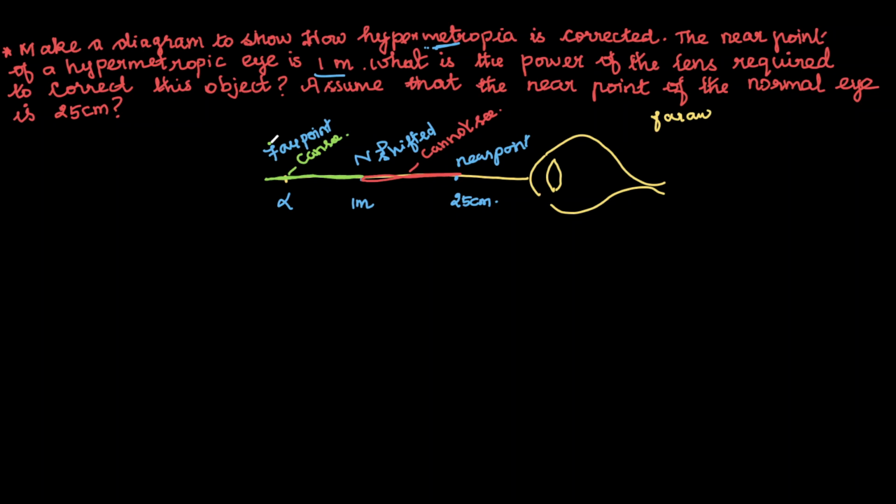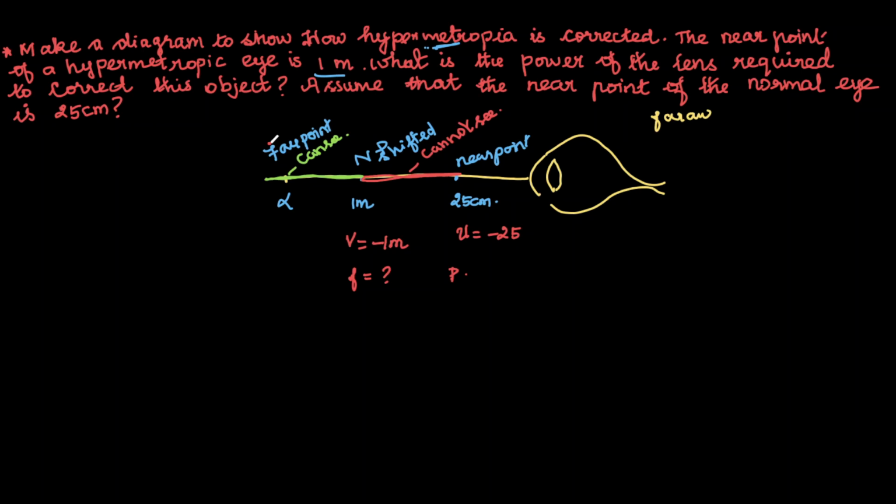So if the object is at 25 centimeter, that is u is equal to minus 25, the image should fall here, at 1 meter. Then only the person will be able to see the object. So 1 meter will be V. So V is equal to minus 1 meter. By using these values, we can find out F and P.